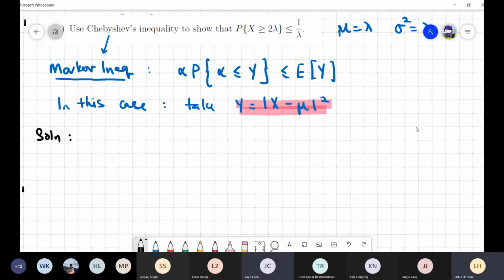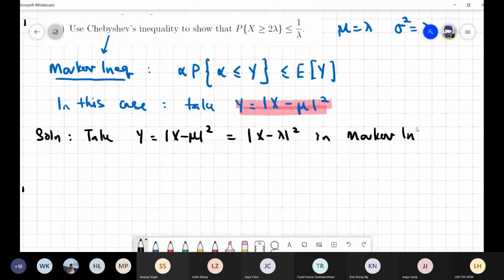Okay, so again, we take this. I just take y equals x minus mu squared, which in our case is x minus lambda squared in the Markov inequality. So then we have this.